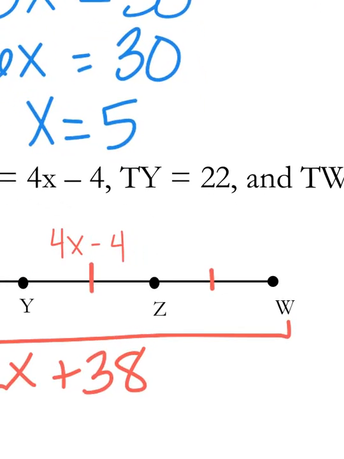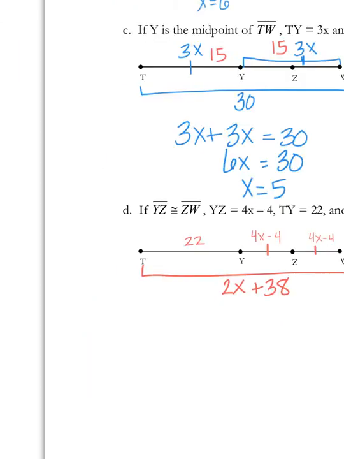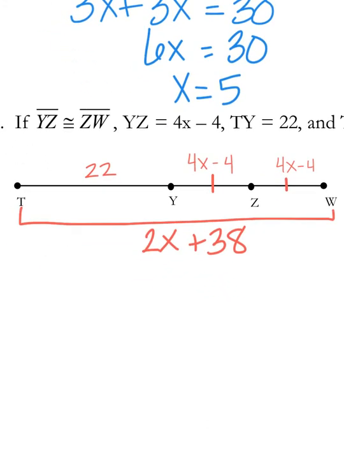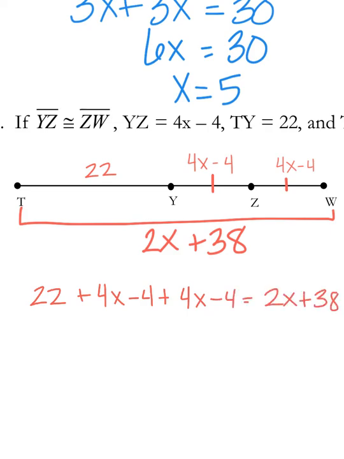Well, if one is 4x minus 4, then this is 4x minus 4. So I can do part plus part, and then I have another part, and that equals the whole. So this could solve again by part plus part, and then I have another part, and that equals the whole, 2x plus 38.